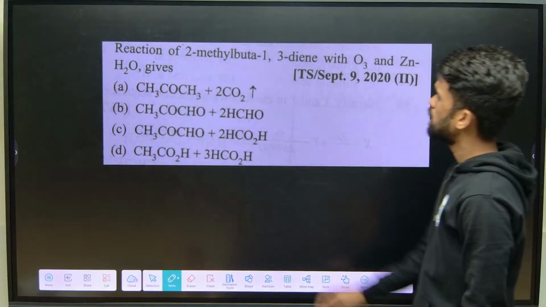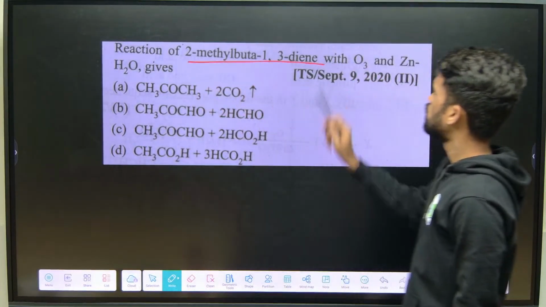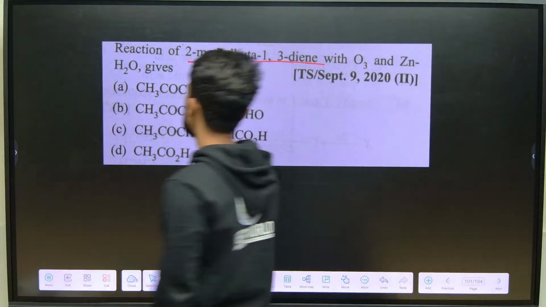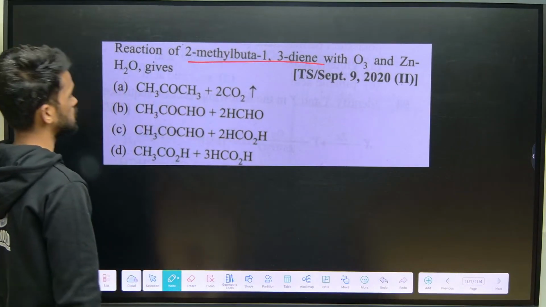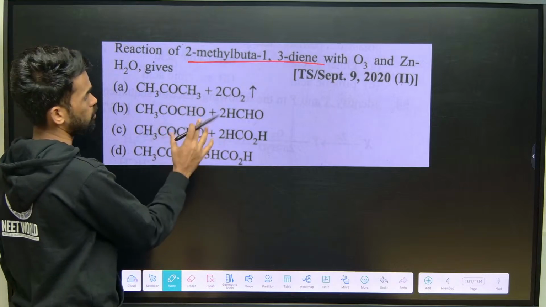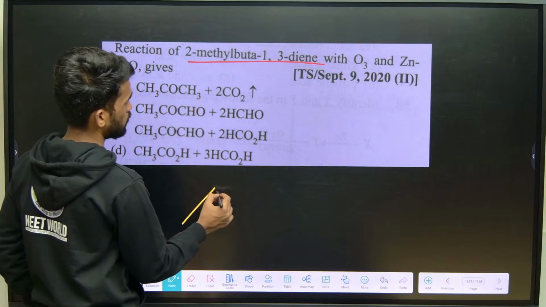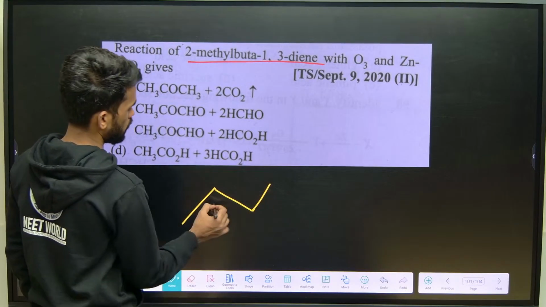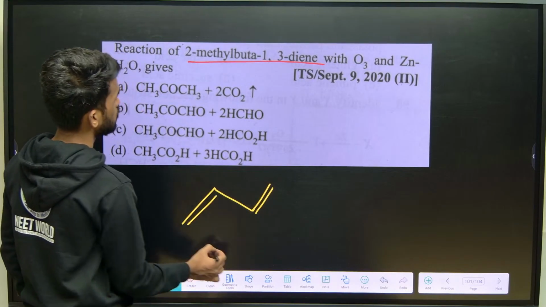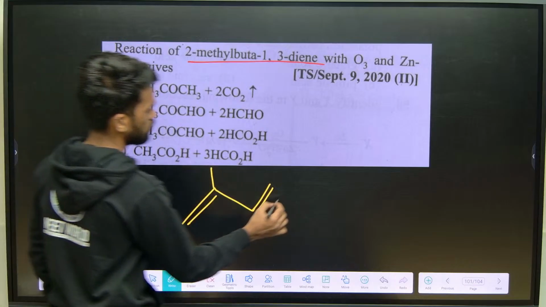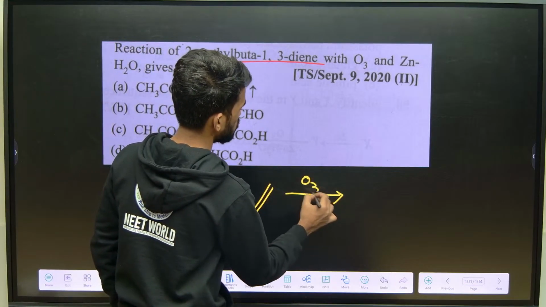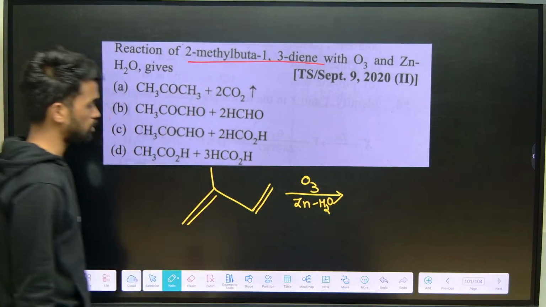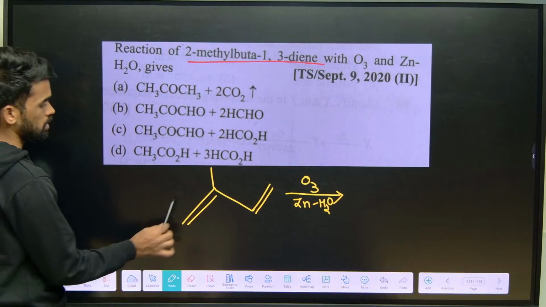Next, look at this reaction of 2-methyl buta-1,3-diene with ozone, then zinc and H2O, which gives a product like this. Tell me what that is.